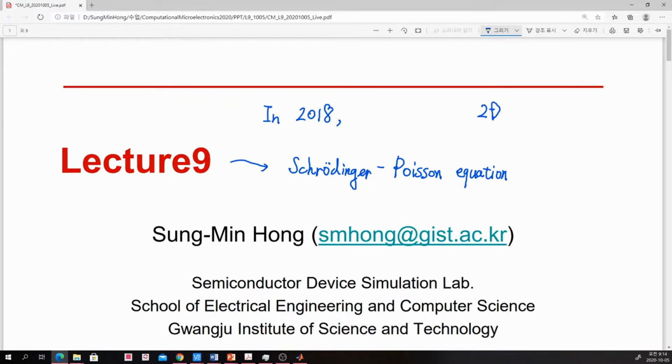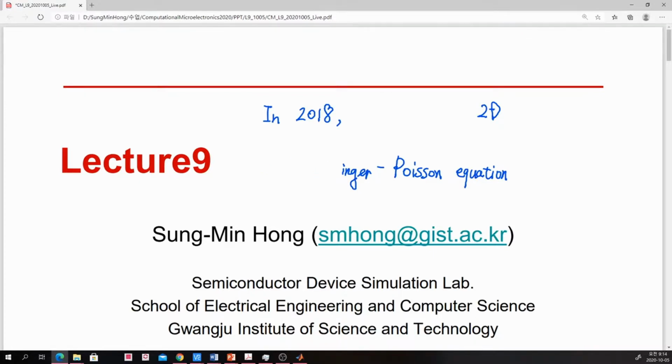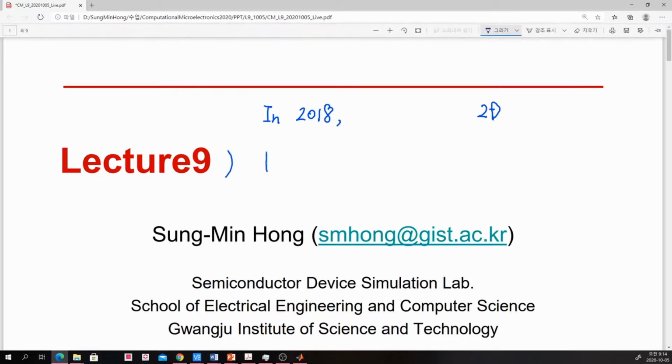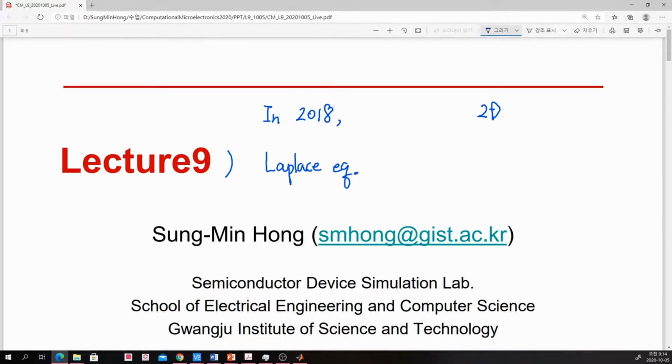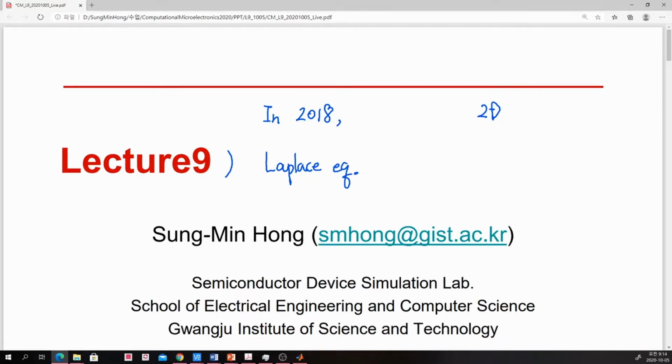As we did in the one-dimensional structure, we will first do the calculation for the Laplace equation. Of course, since we have already done it in the one-dimensional structure, we'll quickly move forward to the final goal.